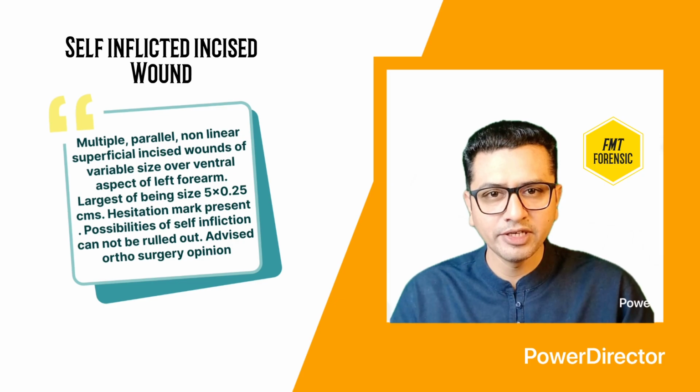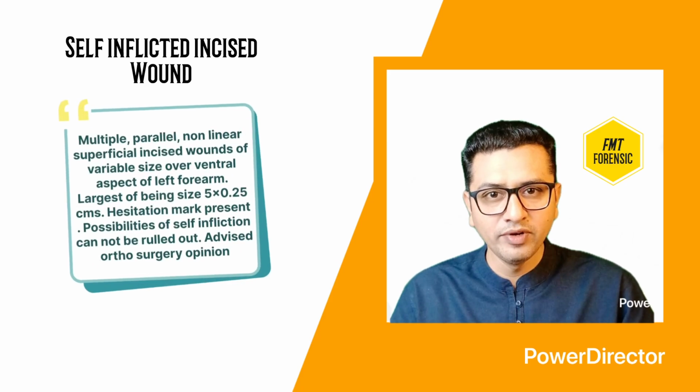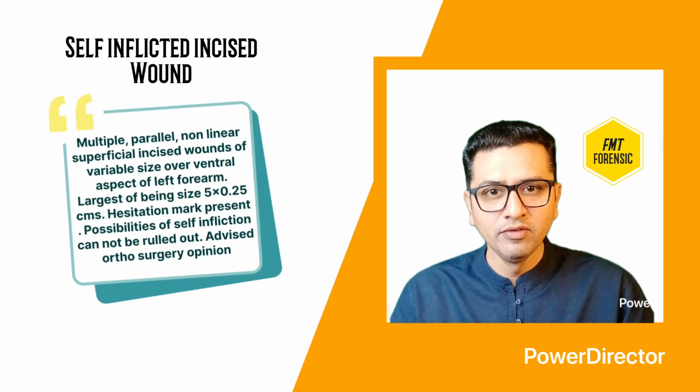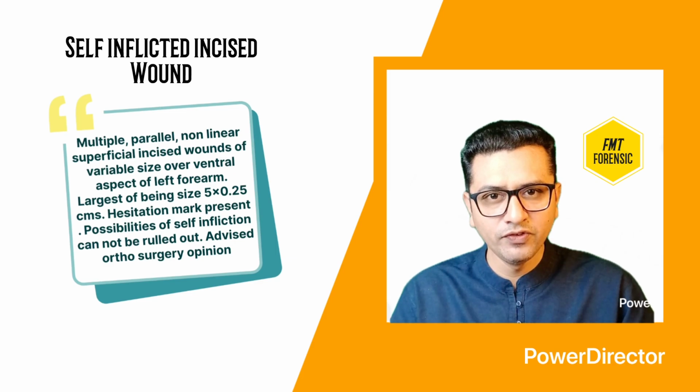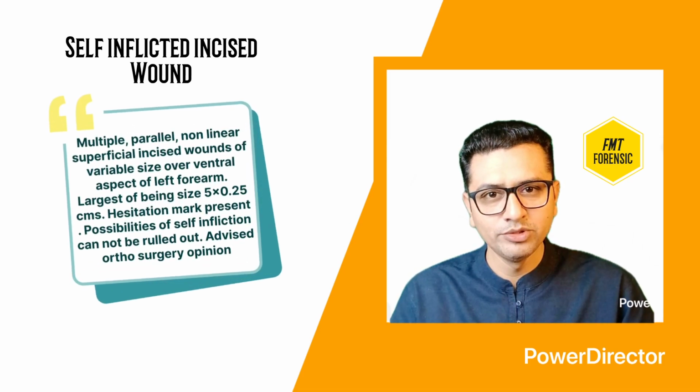We can describe it like, for example, multiple non-linear parallel superficial incised wounds of varying length over ventral aspect of left forearm, and active bleeding present, and hesitation mark present, and possibility of self-infliction cannot be ruled out, or possible self-inflicted incised wounds.